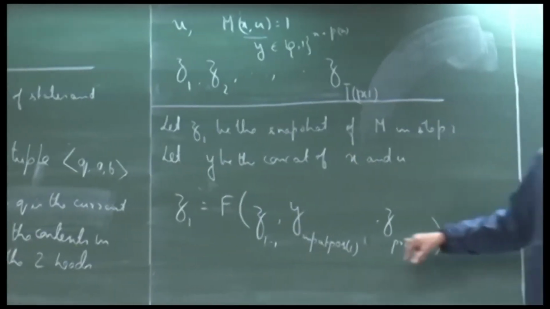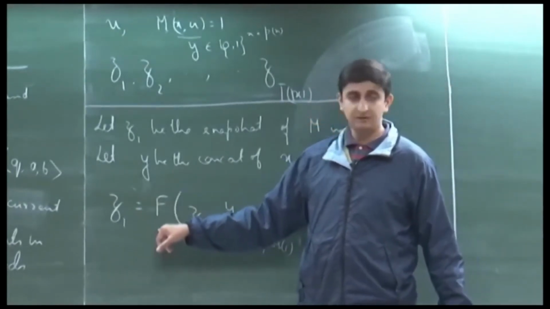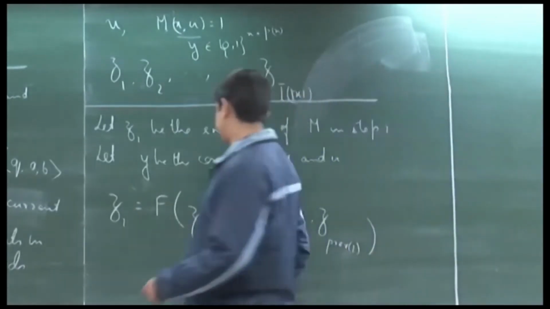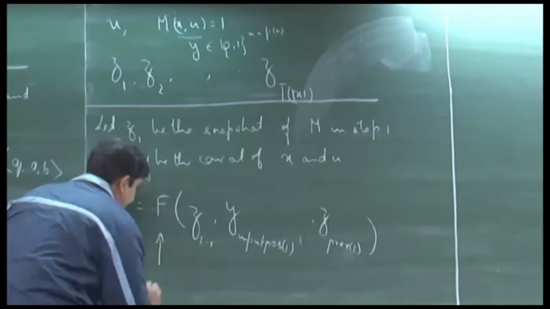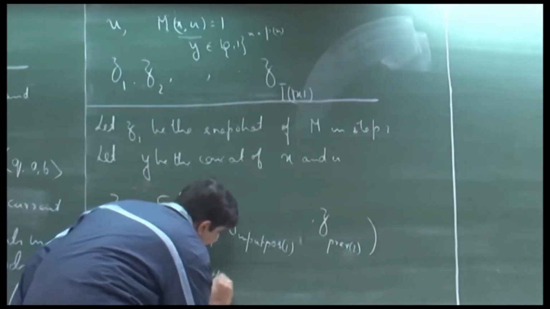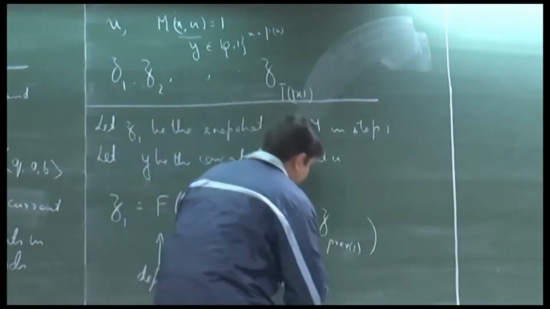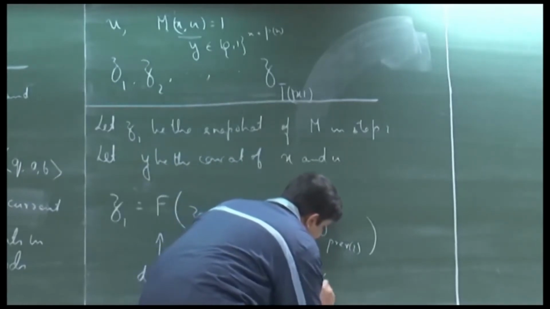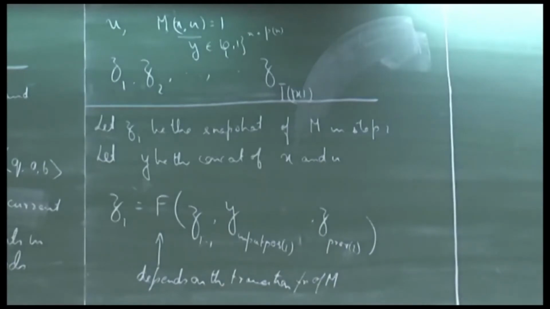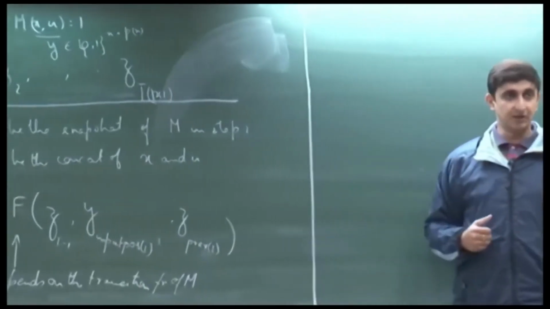So, given these three arguments, I can easily compute a Boolean function that depends on the transition function of M, and I can check whether it correctly encodes Zi or not.